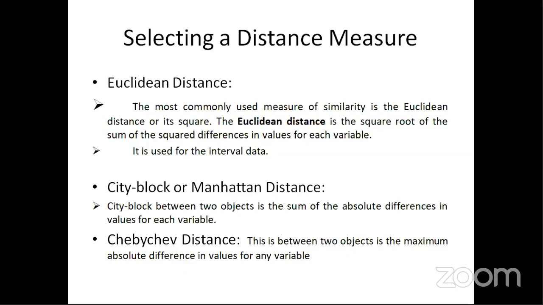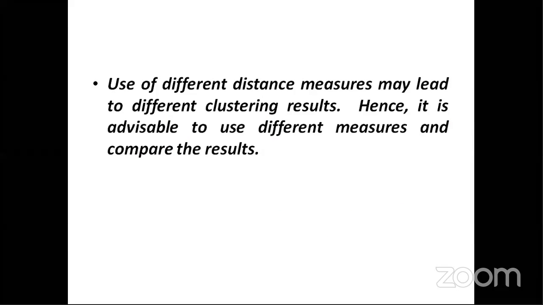These are the methods, but normally Euclidean distance is used to measure the gap between the responses given by the respondents, right? Manhattan and some other methods are there to measure the gap among the responses given by the respondents.